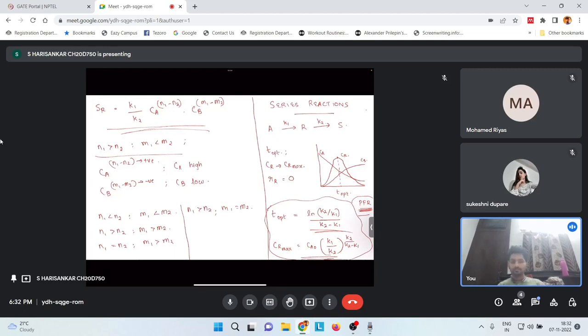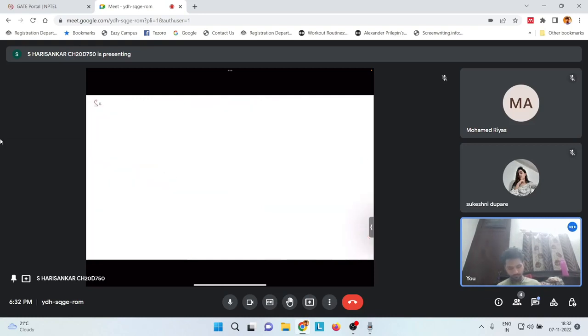But these equations are not usable in CSTR. So for CSTR, we have a different set of equations. Okay, so we can write series reaction in CSTR.